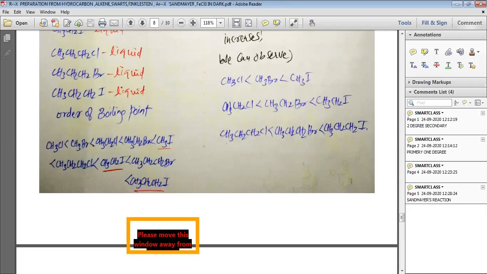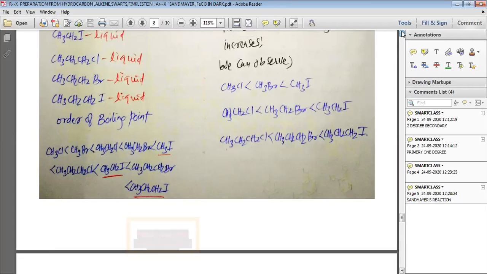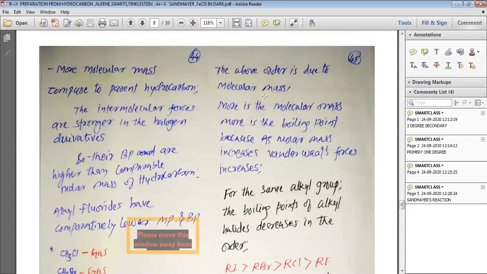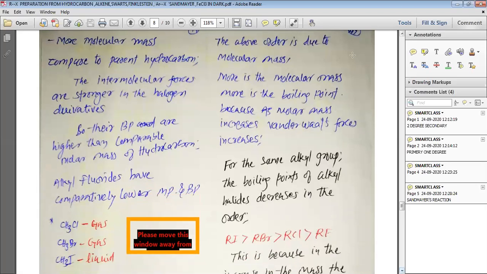If I take the names, then chloromethane, bromomethane, chloroethane, bromoethane, iodomethane, then chloropropane, iodoethane, bromopropane, and iodopropane has got the highest boiling point. The above order is due to the molecular mass.